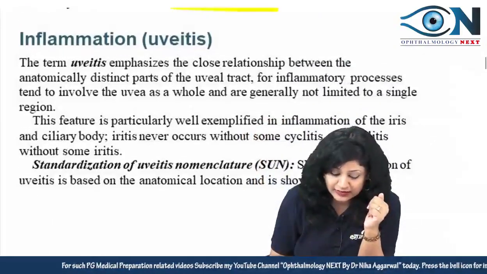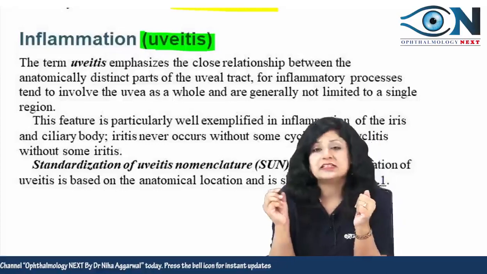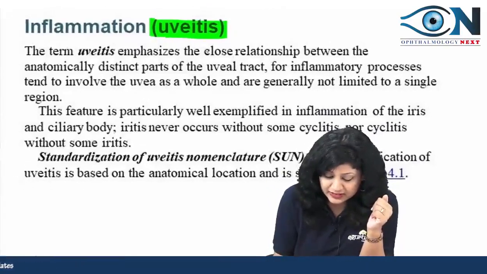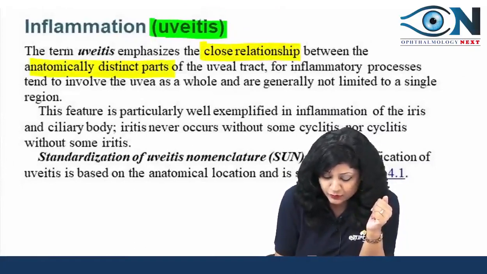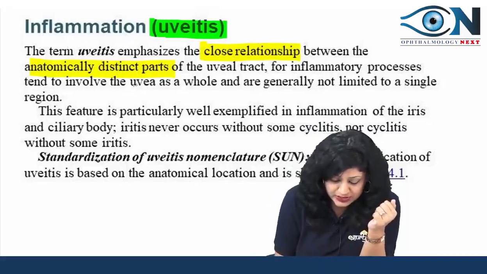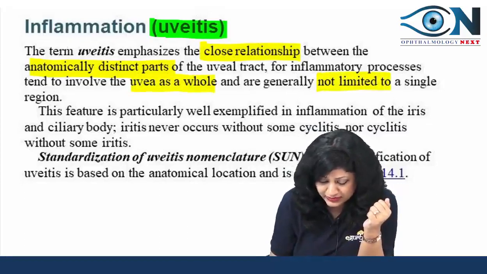Now, if you look at the diseases, the most important is the inflammation, that is the uveitis, and this term uveitis emphasizes that there is a close relationship between the anatomically distinct parts of the uveal tract, and all the inflammatory processes tend to involve the uvea as a whole and are generally not limited to a single region.